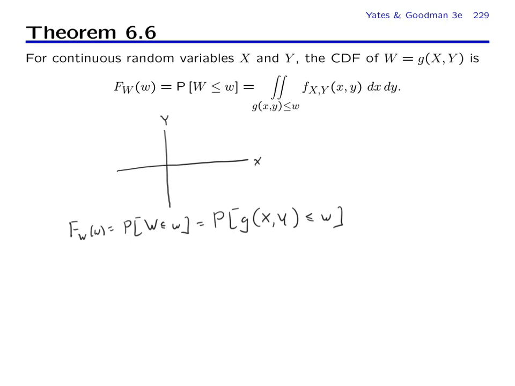So specifically, you imagine, oh, maybe there's some region in here where g of x and y is less than or equal to w. And then the calculus of the problem is that you identify this region.